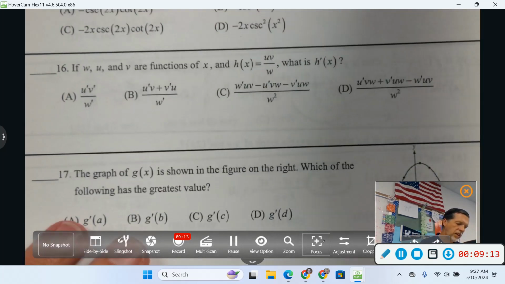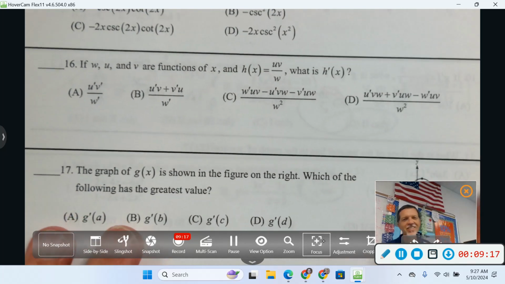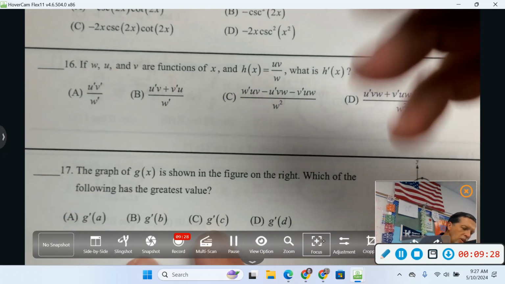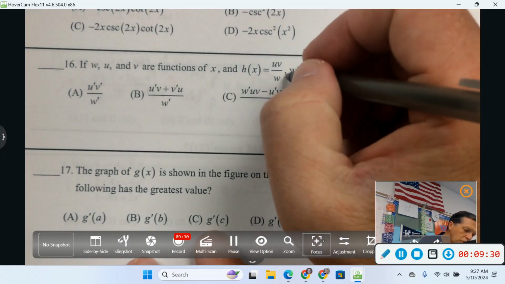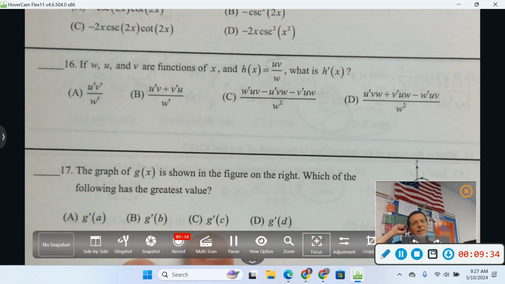Number 16. Ugh, yuck. All letters. What is H prime? Okay, so overall big picture is quotient rule, but then when I have to do the derivative of the top, that'll be product rule.